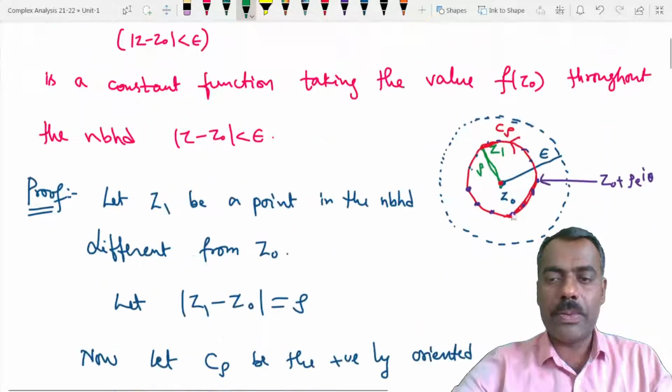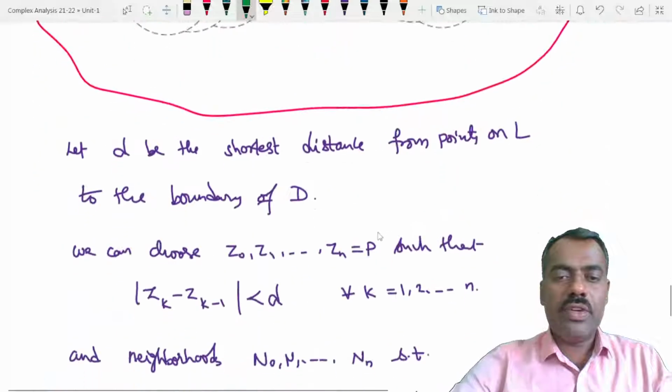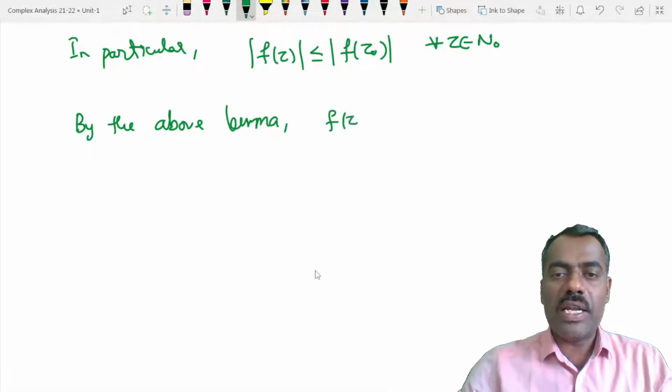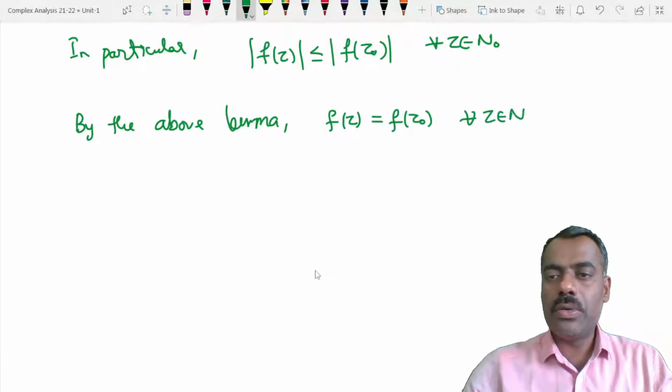So by the above lemma, because of n naught, f of z is constant, so this should be equal to f of z naught for all z belongs to n naught.